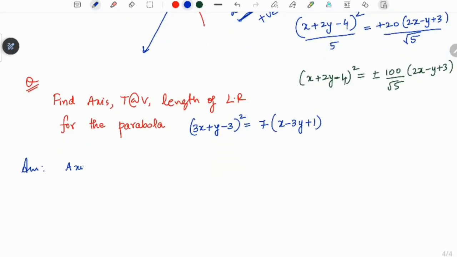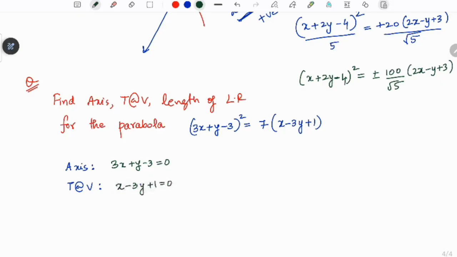What is the axis? What is the tangent at vertex? The axis is quite easy, no? What is it that you are squaring? 3x plus y minus 3 is equal to 0. That is the axis. What is the tangent at vertex? x minus 3y plus 1 is equal to 0.